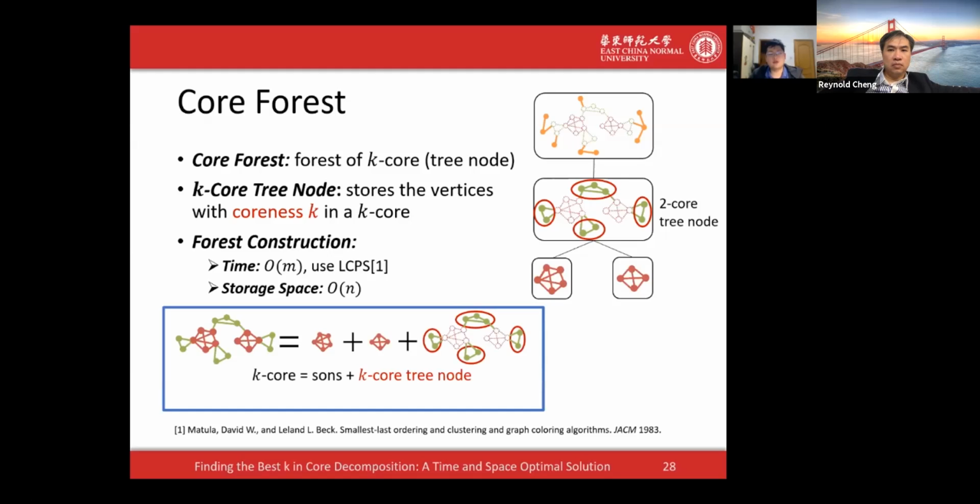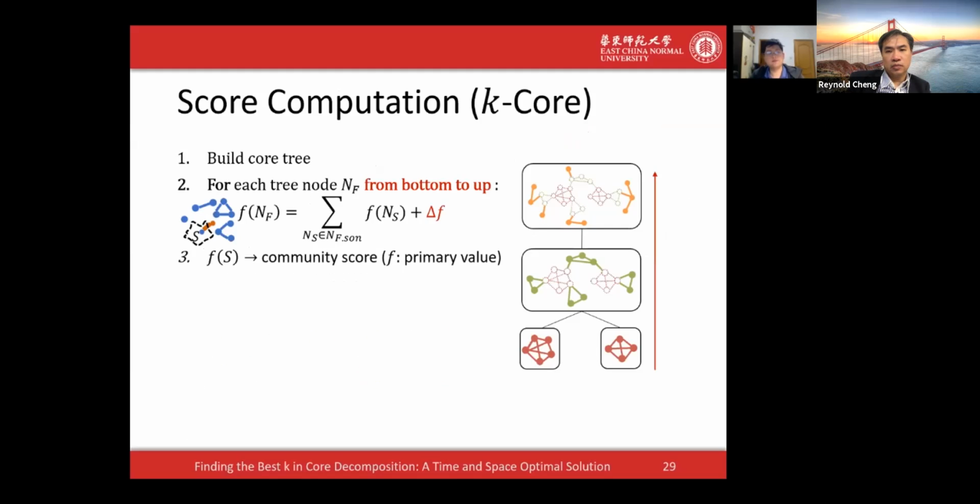We use this structure because we found that a k-core equals its sons plus the k-core tree node. That means if f is a primary value, then we can sum up the primary values of the sons and then add a delta, and then we can get the primary value of the k-core. In detail, we first build a core tree, and for each tree node, we sum up the primary values of its sons and add a delta.